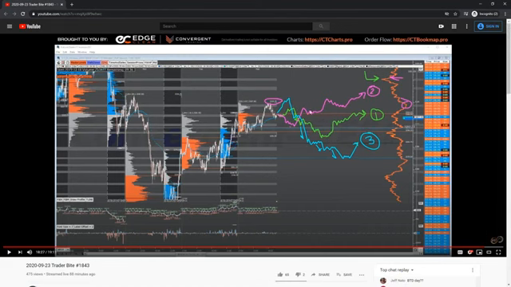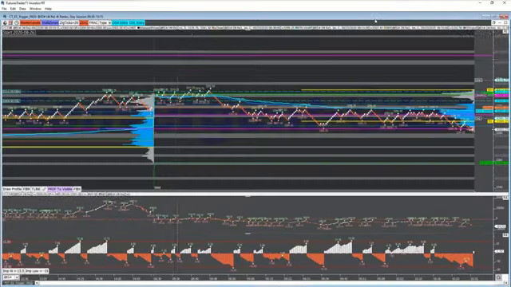Scenario 1 says it's not likely to be very aggressive. Scenario 3 says it's probably going to be aggressive and likely a trending kind of move down. Scenario 2 is the one that tests down and then starts to break higher and run away.